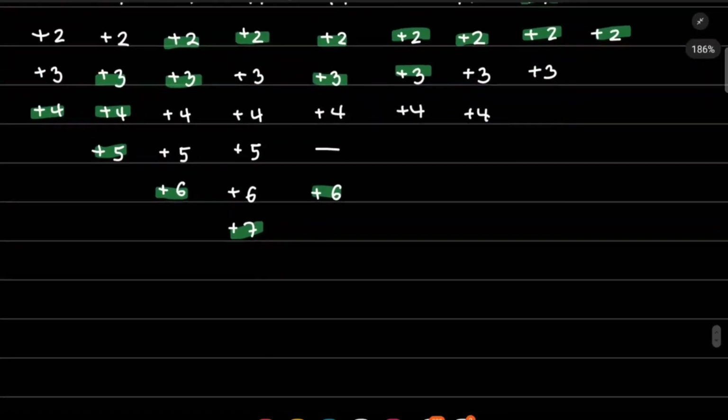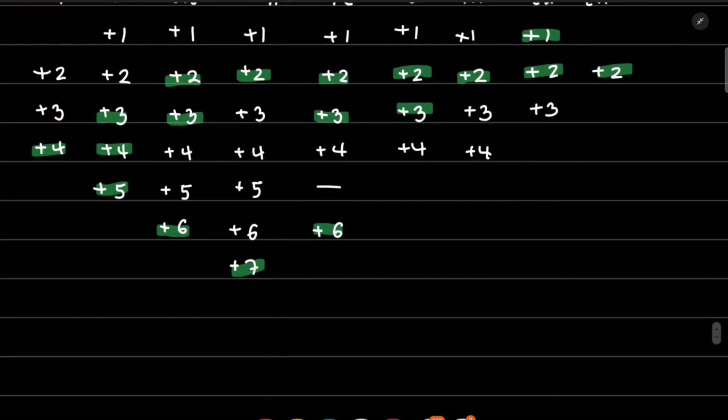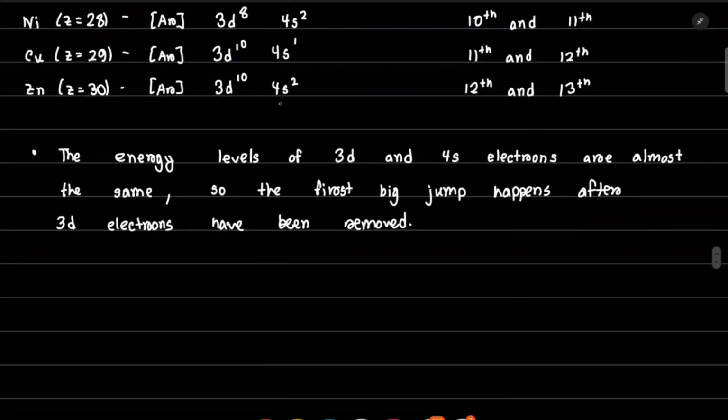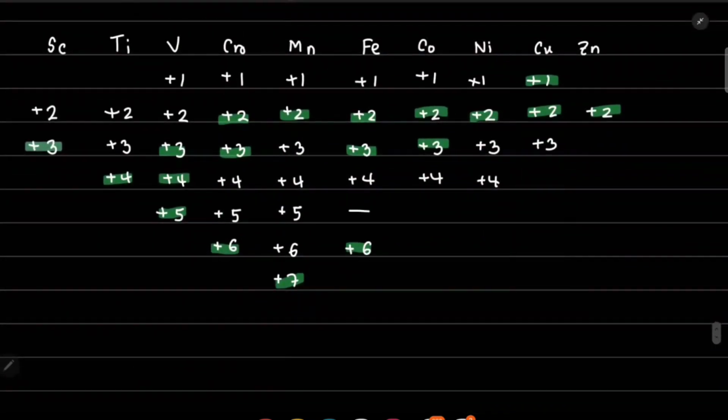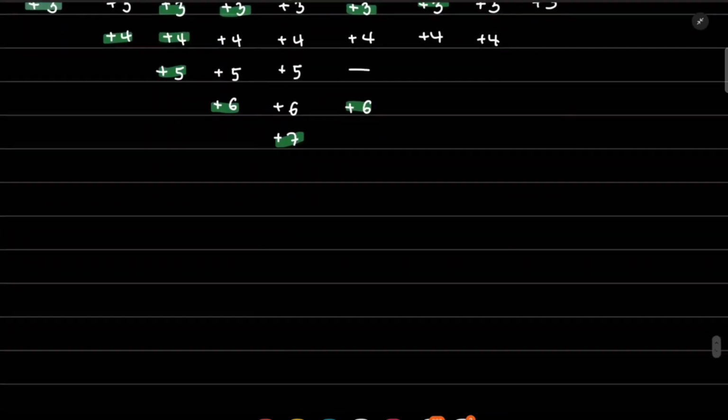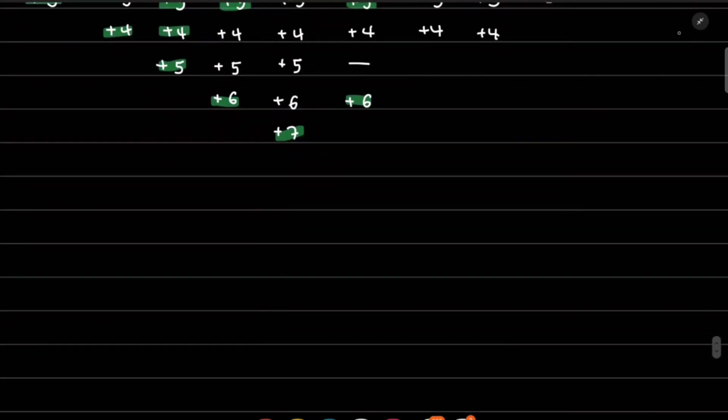The variable oxidation states of the d block elements are due to this fact that the successive ionization energy is steadily changing until the big jump when all the 3d electrons are removed. So the jumps are small over here. When we go from chromium 2 to chromium 3, the ionic bonding becomes stronger, and this can compensate for the third ionization energy of chromium, which allows it to have different oxidation numbers.